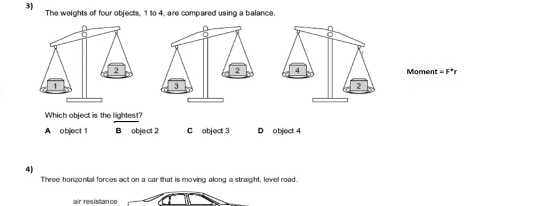In this case you can see the weights are kept on these pans, and this middle one is the pivot. These are the attachments, and the distance of these attachments from the pivot is constant.